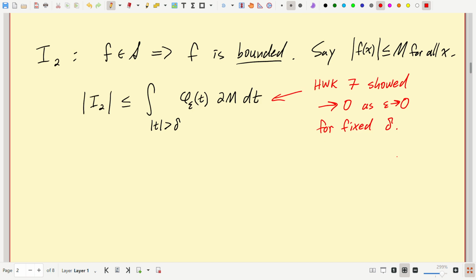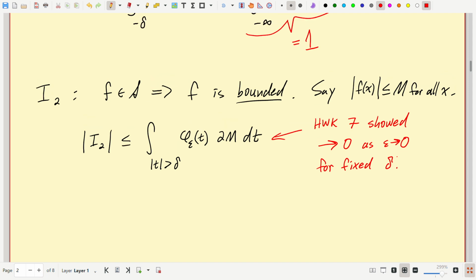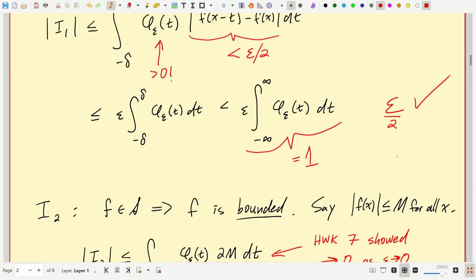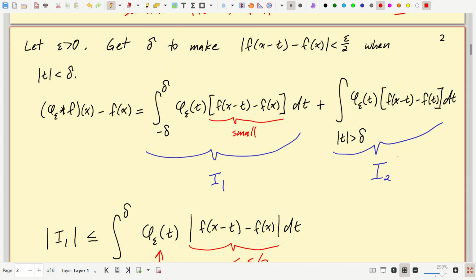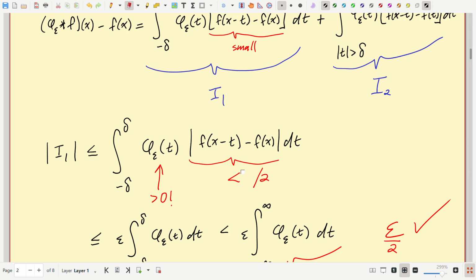Okay, so we make that, oh, I've got 2 epsilons here, doggone it. So let's see, what should I have done? Let E be bigger than 0. I make this thing less than E over 2. I'll fix this.